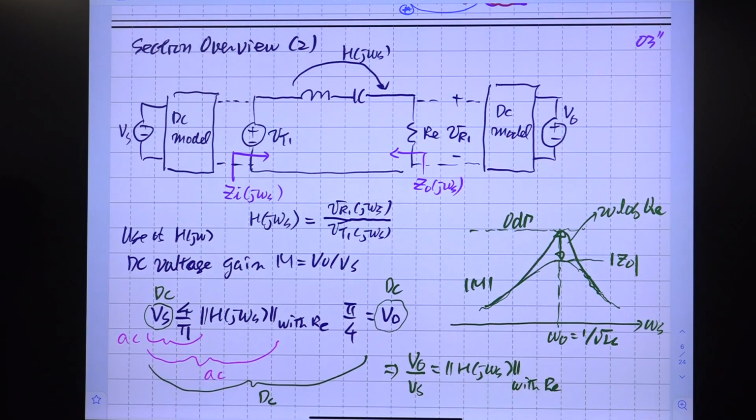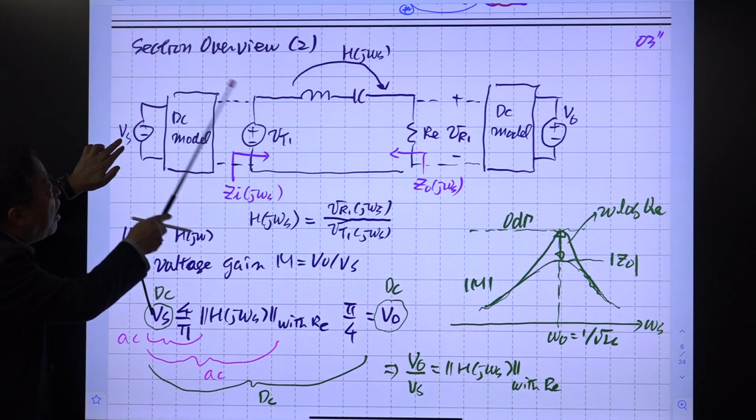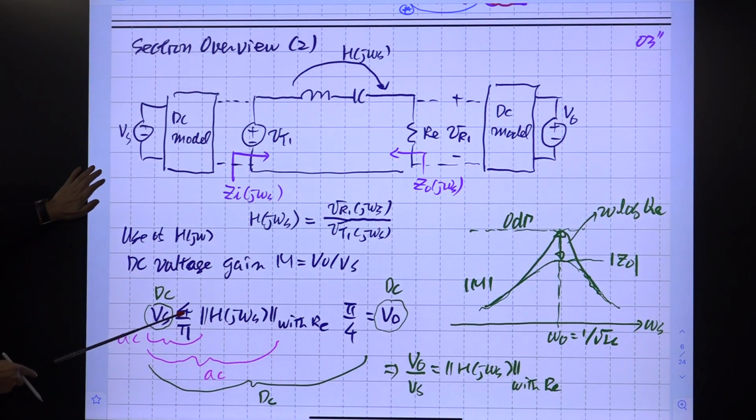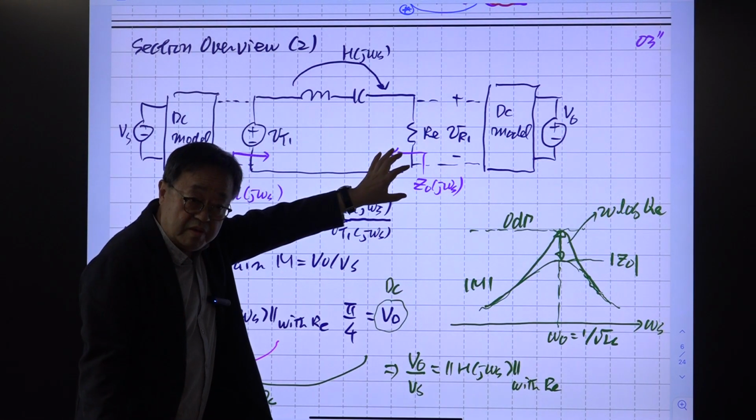Then start from here. This is DC, this is VS. It changes to AC, with the magnitude of this one. This is the magnitude of the fundamental component of the AC signal. Then this is the transfer function from here to there.